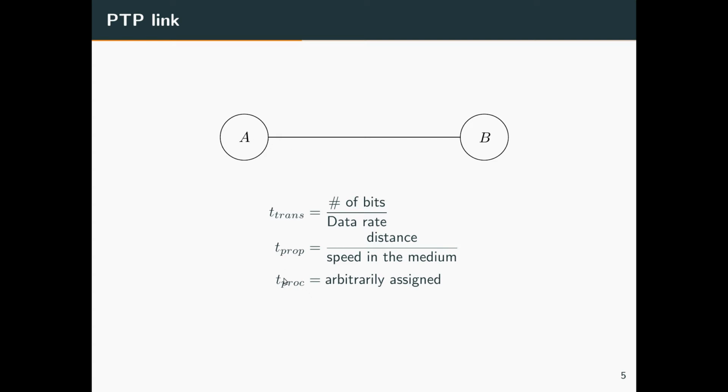So we'll have T processing. And of course, these are models that are not with queues. These are the simple models. And so these are the typical types of time delays that you'll see in point-to-point links with simple models like this.